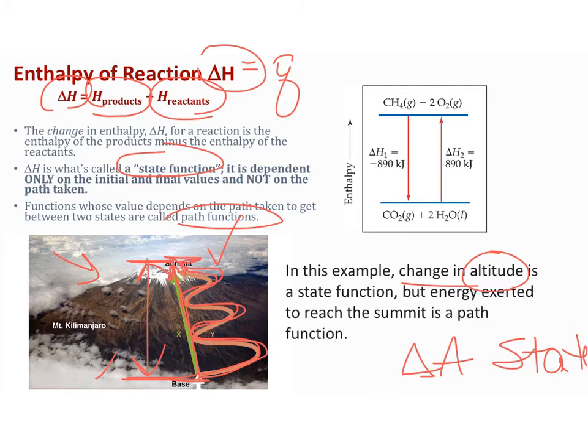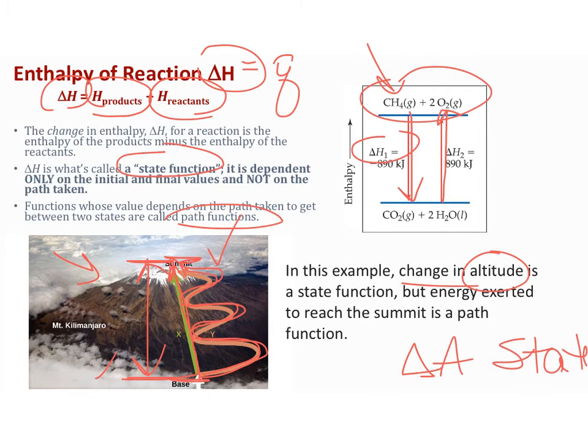Now, because enthalpy is a state function, the enthalpy change in the forward direction of any reaction is equal in magnitude but opposite in sign to the change in enthalpy going in the reverse direction. So combustion, in this case natural gas, methane.